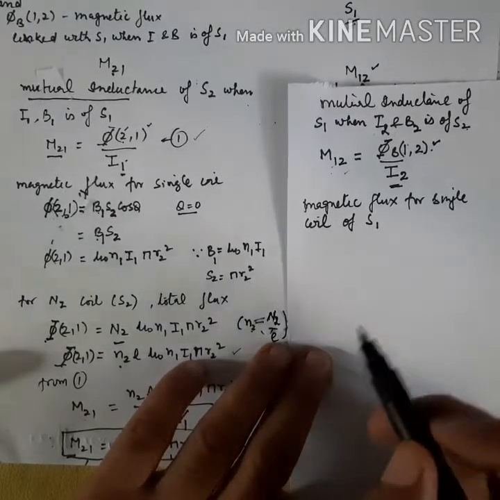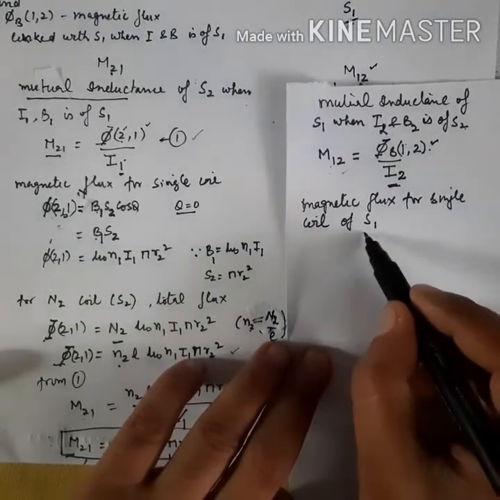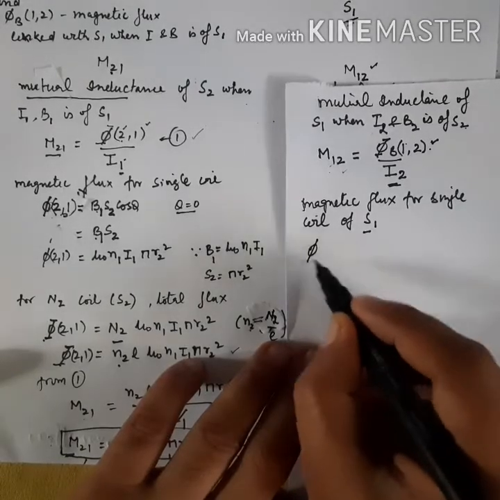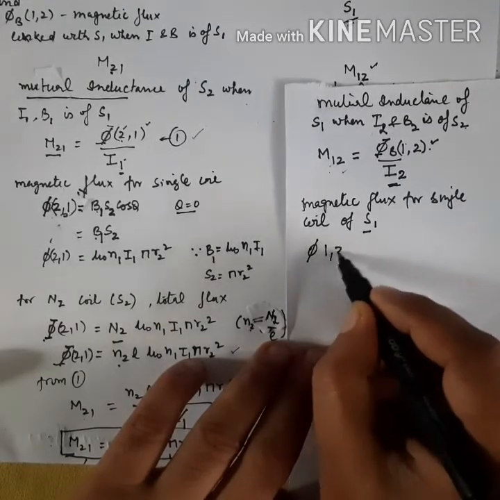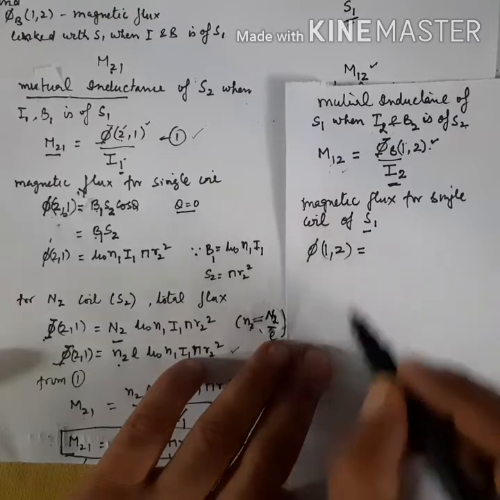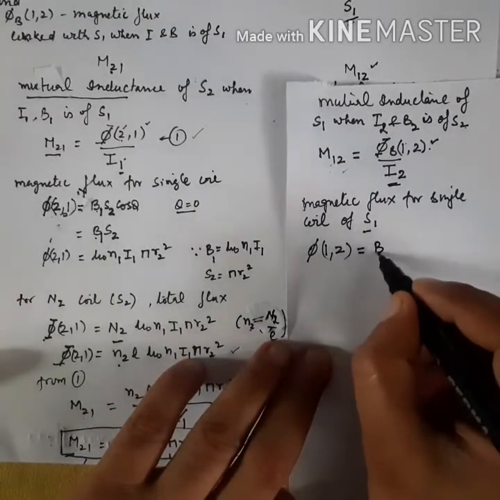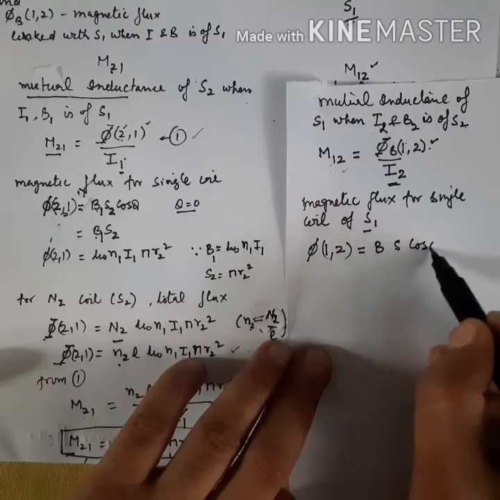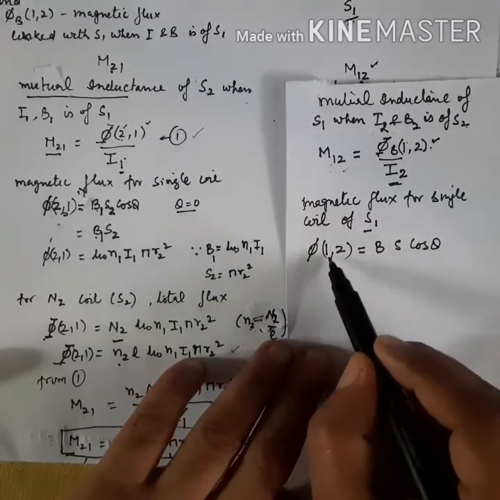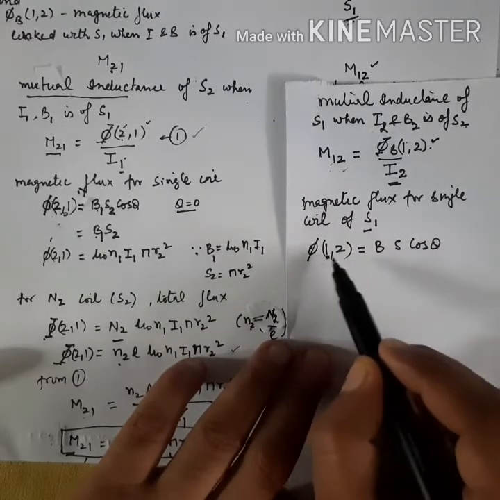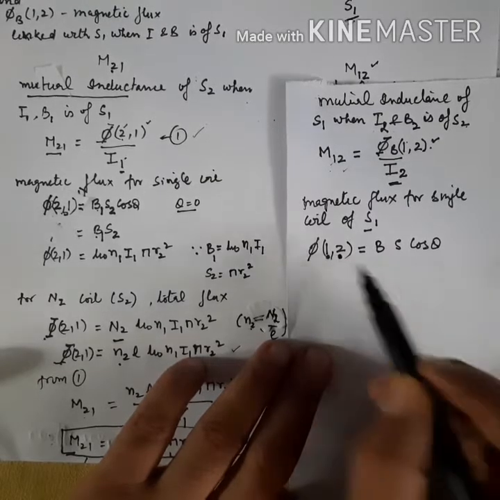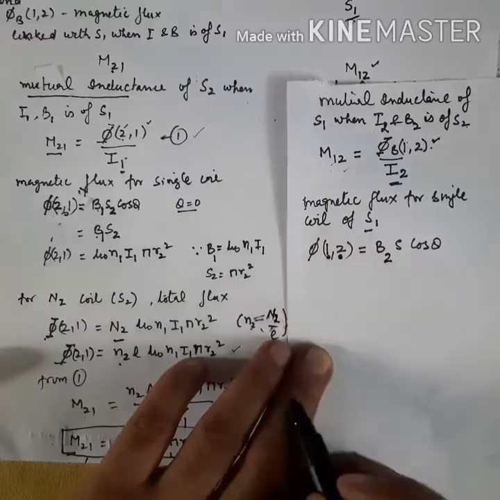First we calculate the magnetic flux linked with one coil of solenoid S1. The magnetic flux linked with the first coil due to the second is equal to the magnetic field times area, since we know the magnetic flux is equal to B S cos theta. Here the magnetic field is of the second one, so it is B2.